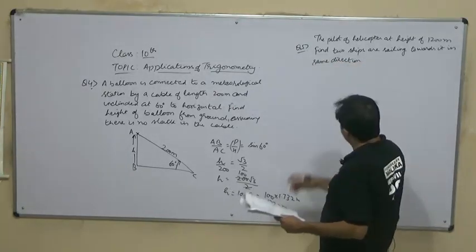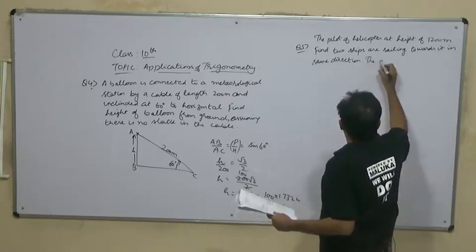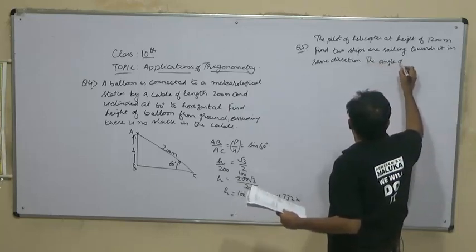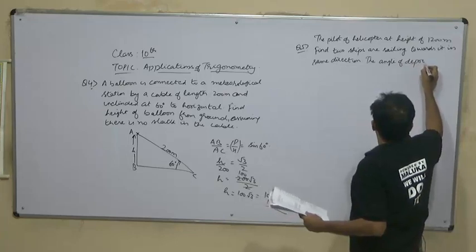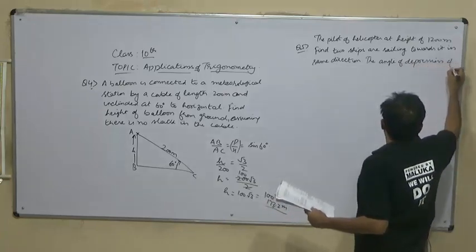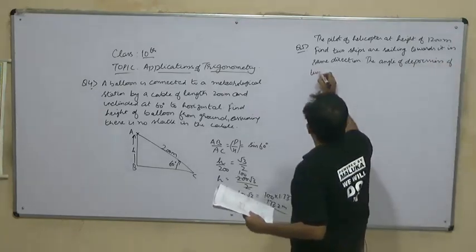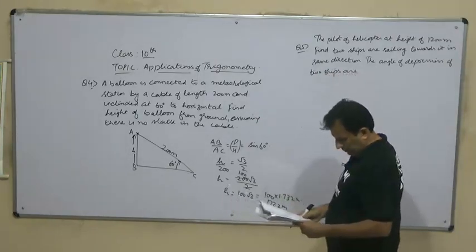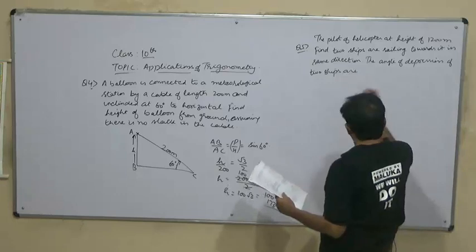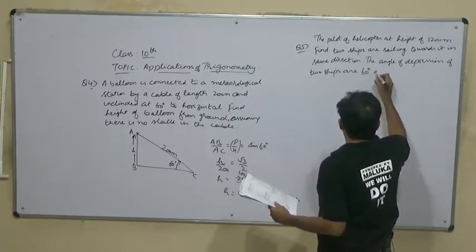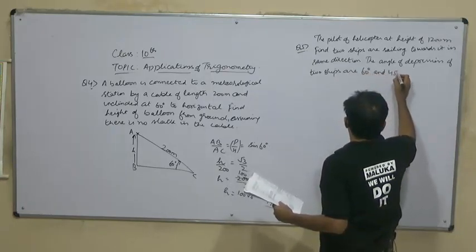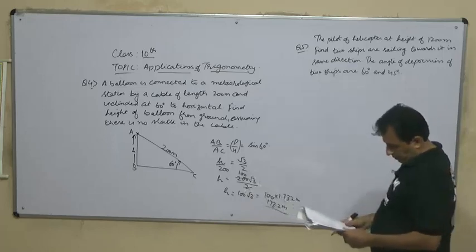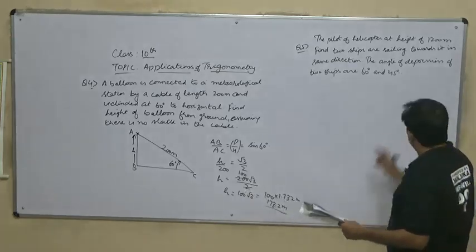The angle of depression of the two ships are 60 degree and 45 degree respectively. Find the distance between the two ships.